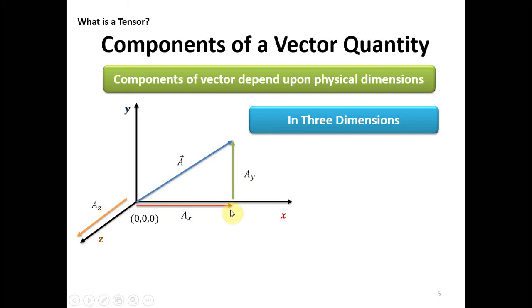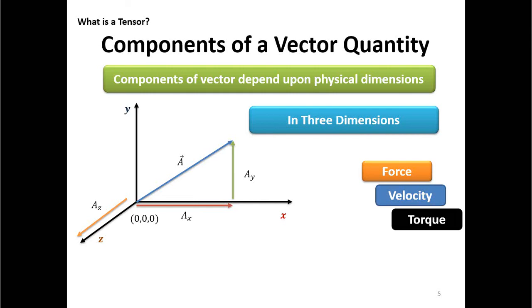So a vector is that physical quantity which has effect along all 3 directions, and these effects are called components of a vector. There are numerous examples of such quantities, for example force, velocity, torque, acceleration, and so on. All these are vector quantities, and they depend upon the directions.